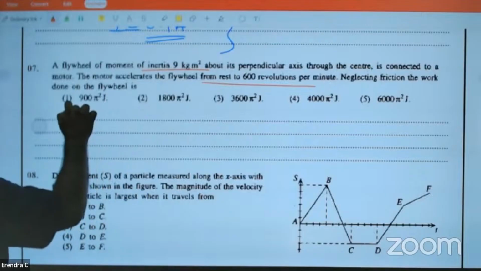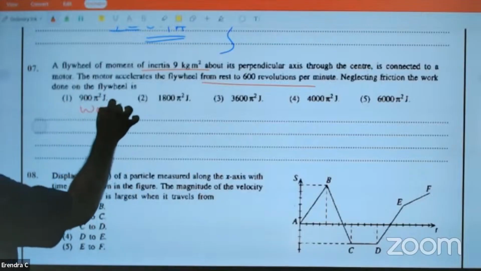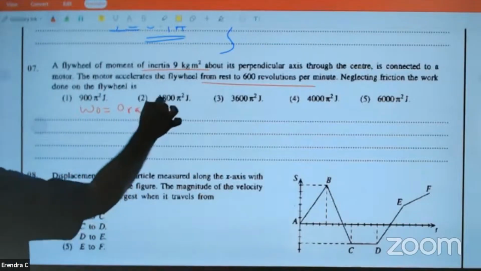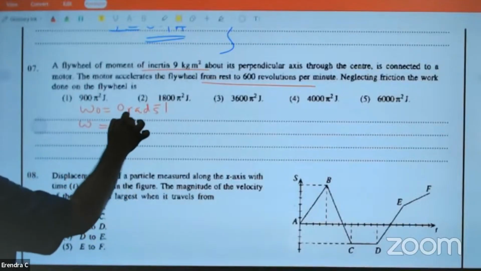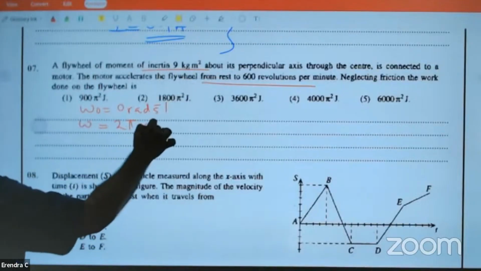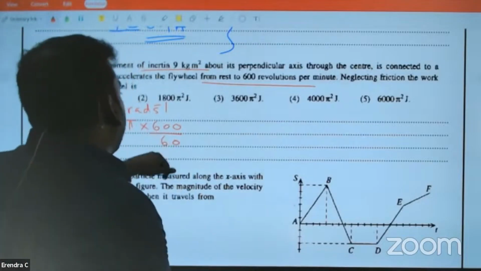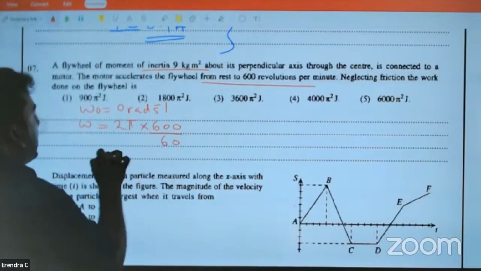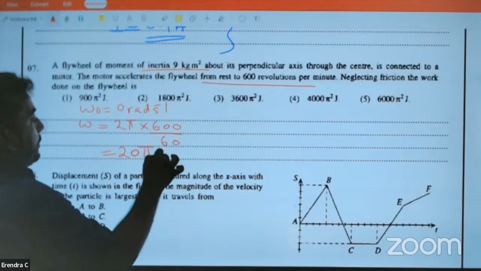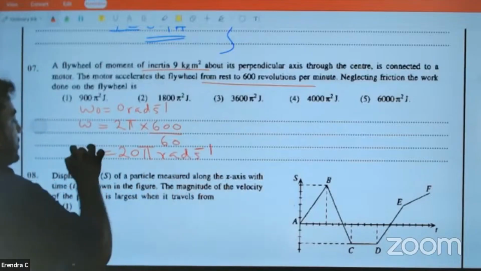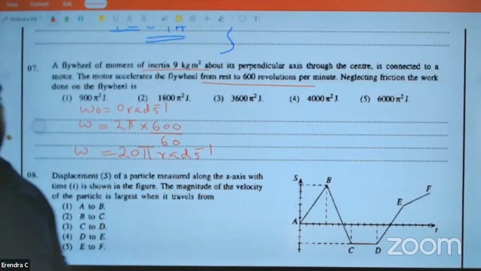So here omega naught is 0. Omega is equal to 2 pi n. N is 600 revolutions per minute, 600 divided by 60 is 10. 10 times 2 pi is 20 pi. That's your omega, 20 pi radians per second.